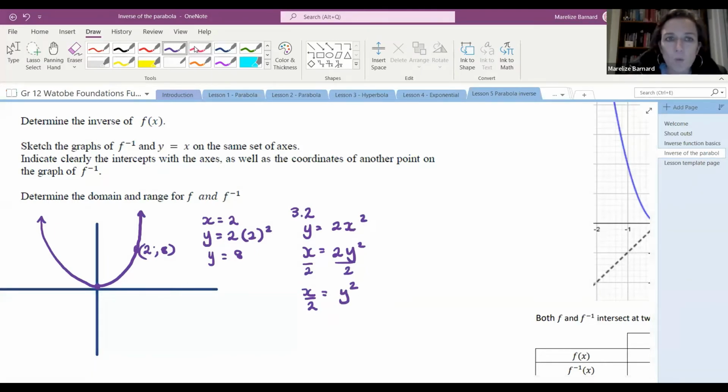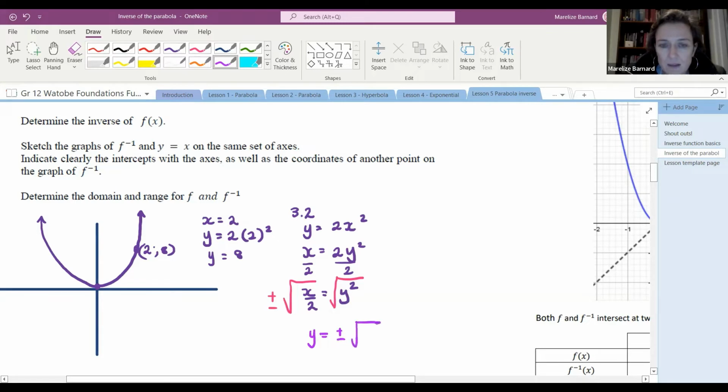I don't want y squared. I need y by itself. So take a square root on both sides to remove the square with the y. But because you are taking a square root, you need to put the plus and the minus. So final answer is y equal to plus minus square root of x over 2.